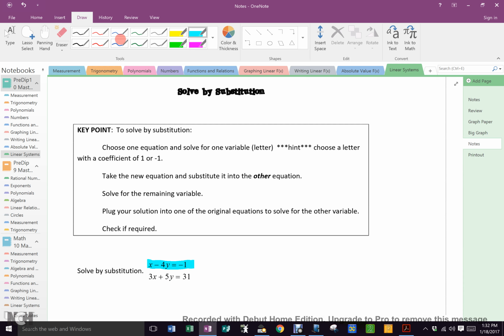Unless you do what I'm about to show you. This question right here. Isn't this the same as x equals 4y minus 1? Is everybody okay with what I just did here? When I move that over, now I have x equals 4y minus 1.